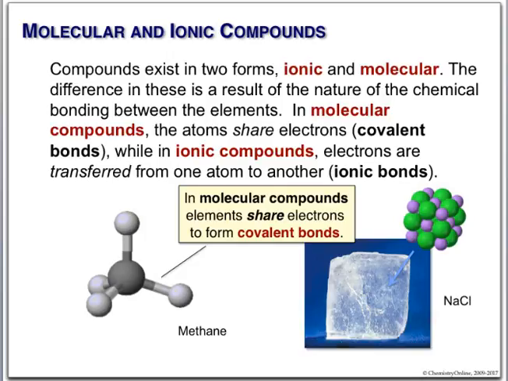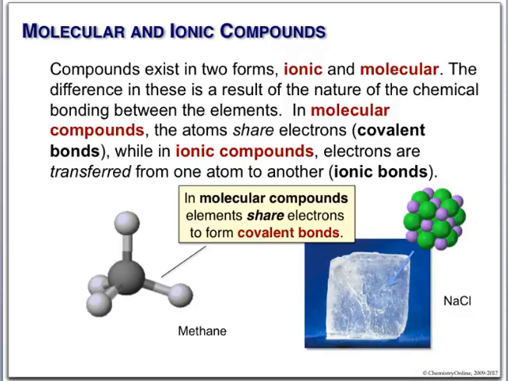This is methane. Methane is natural gas. It has 1 carbon in the middle and 4 hydrogens. In each of these bonds shown here, we have 2 shared electrons. Think about the Lewis structure of carbon. Carbon is in group 4, has 4 electrons, right? Each hydrogen has 1.